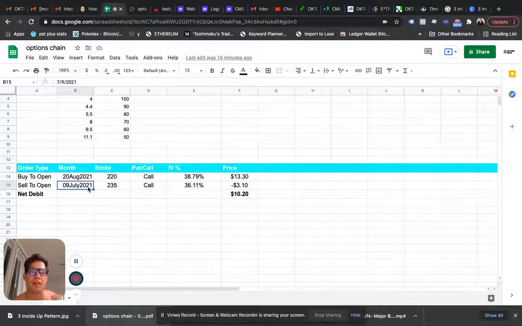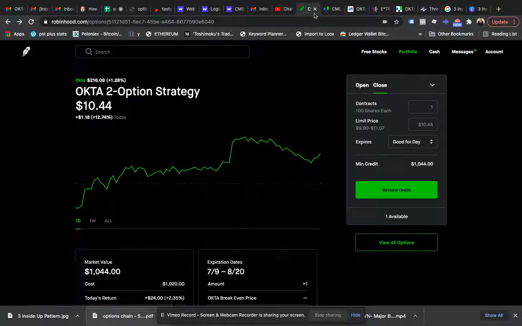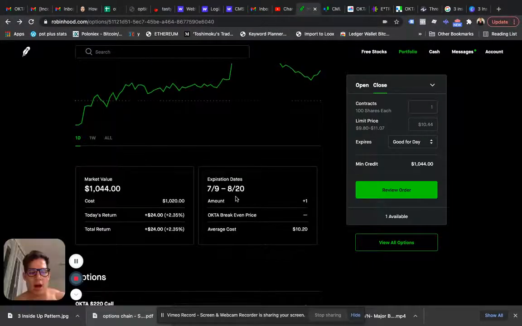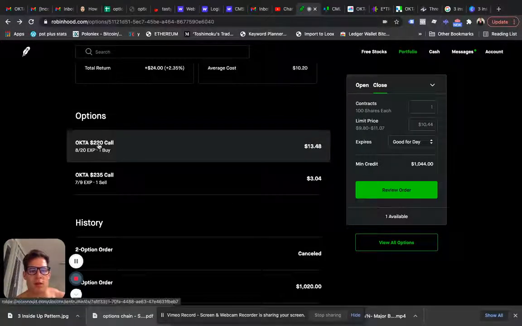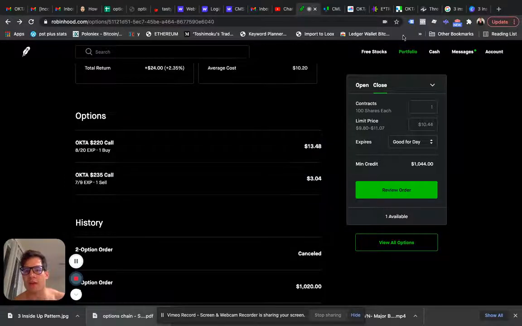I'm going to put on a whole class about diagonal trades, but basically it's protecting our theta decay, so I'll leave it at that. That's what we're doing: we bought the 220 and sold the 235, and let's look at the back testing results for this.